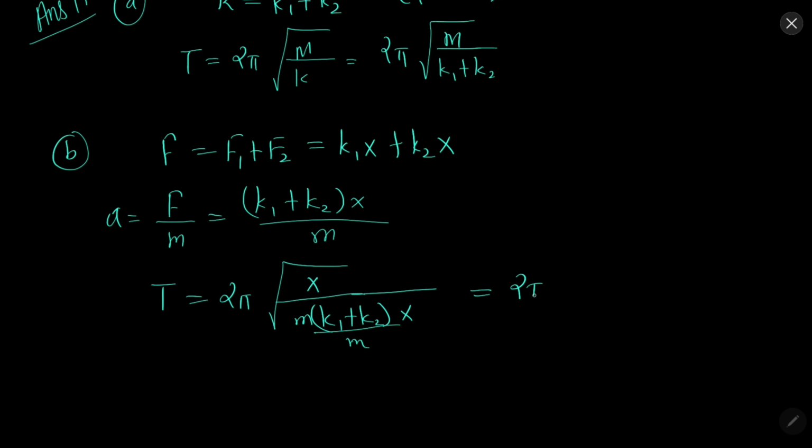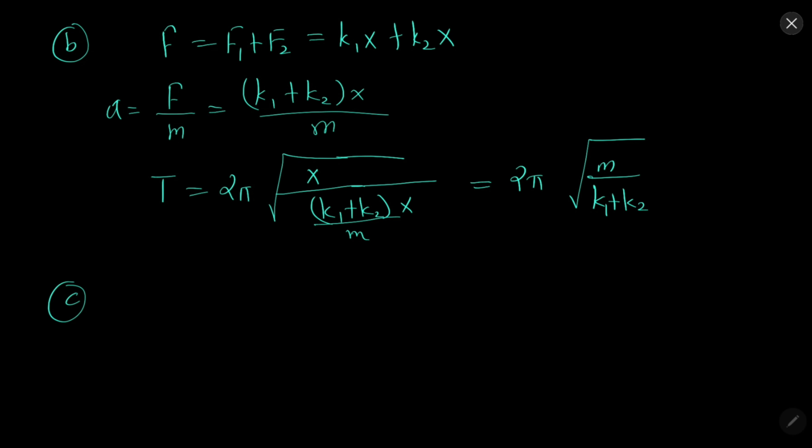So we will get 2 pi root m over (k1 plus k2).